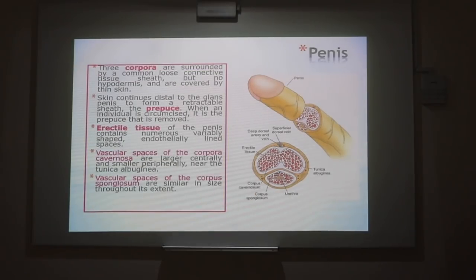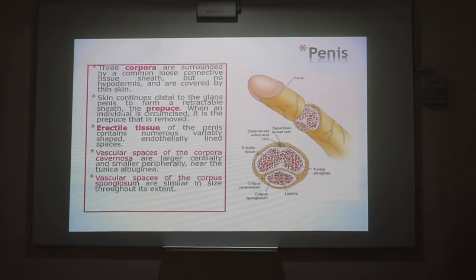Now if you see these corpora, these erectile tissue, you would see that within these erectile tissue there are vascular spaces. And these vascular spaces are lined by smooth muscles. Okay? So what happens is that when there is parasympathetic stimulation, these smooth muscles of the vascular spaces are going to relax and they are going to dilate.